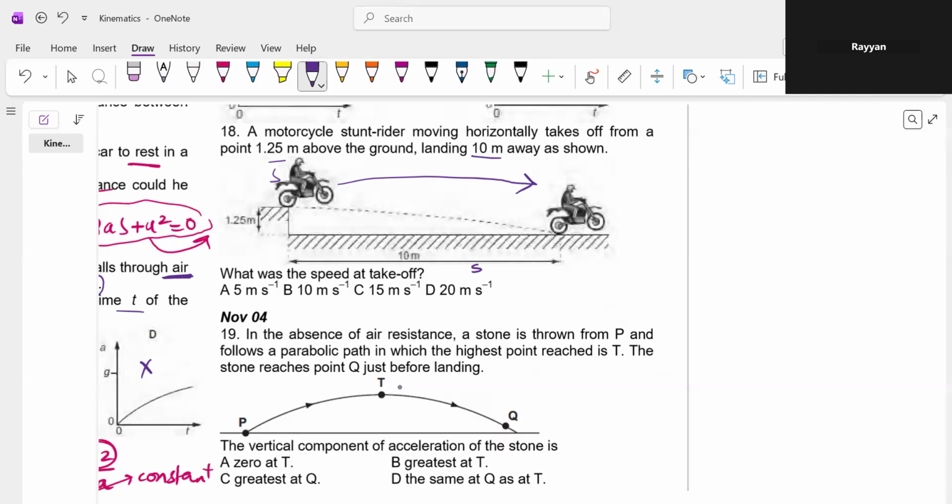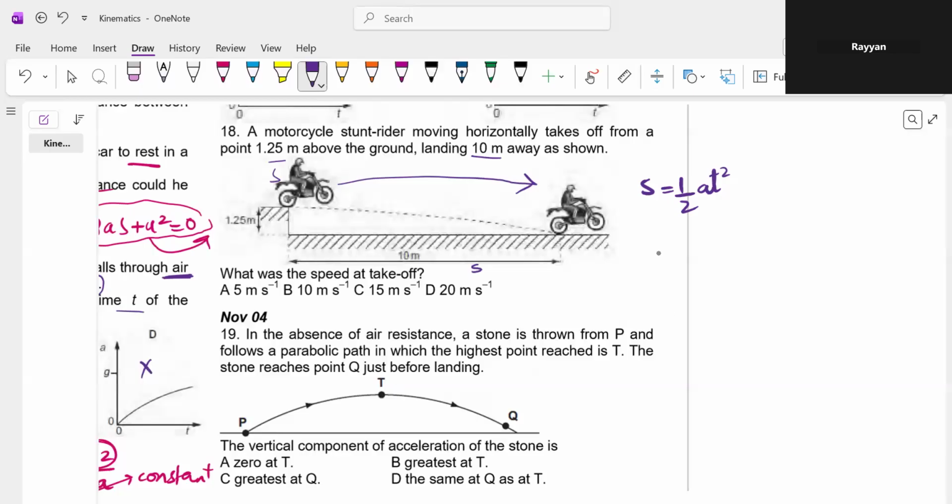By which equation can we find the time? S equals ut plus 1 over 2 at squared. There is no initial velocity, so ut will be 0 and you can use half at square, right? Now which S will you use over here? 1.25, because first you find the vertical, then you can equate it to the horizontal.